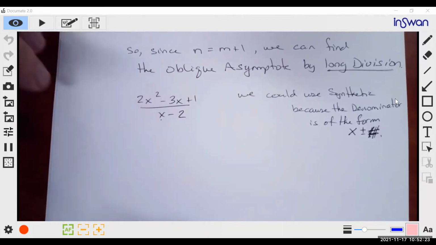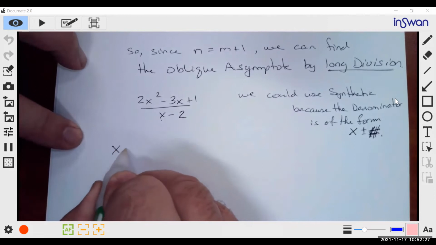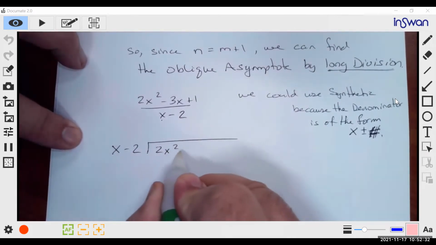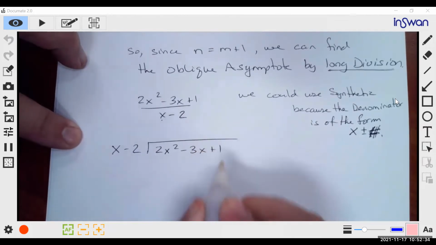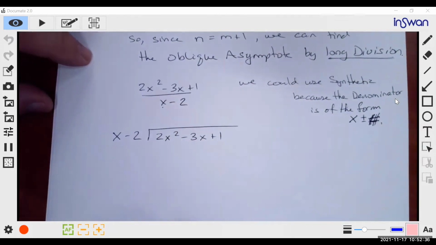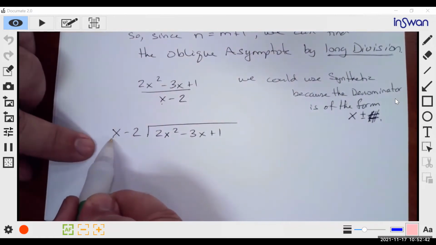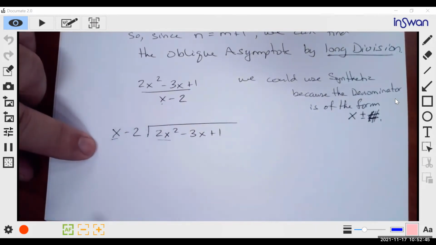All right, so let's look at this. To find the oblique asymptote, we do long division. 2x squared minus 3x plus 1. Remember how to do long division? Look at the leading terms. What times x gives me 2x squared?